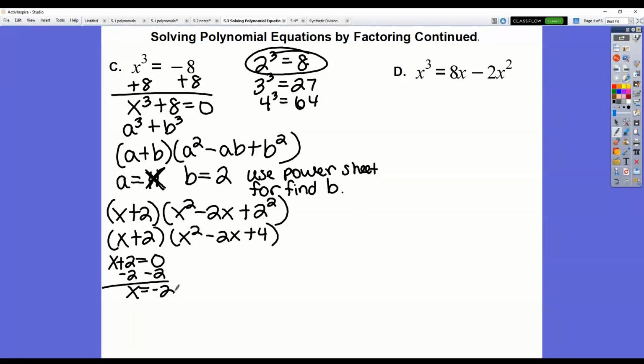A lot of times, guys, almost every single time, the trinomial is not going to factor. So you're going to use mode 5, 3. So that's going to give me x equals -1 plus or minus i square root 3.